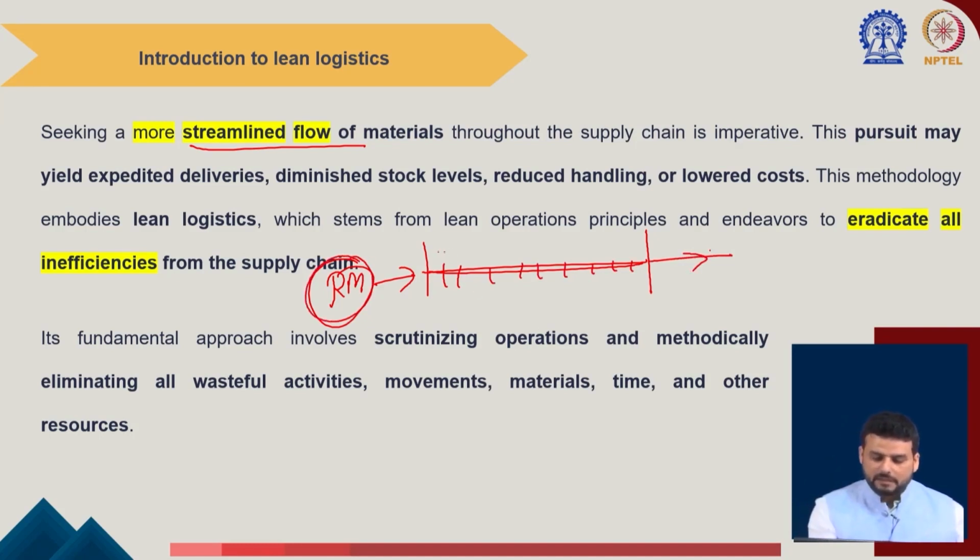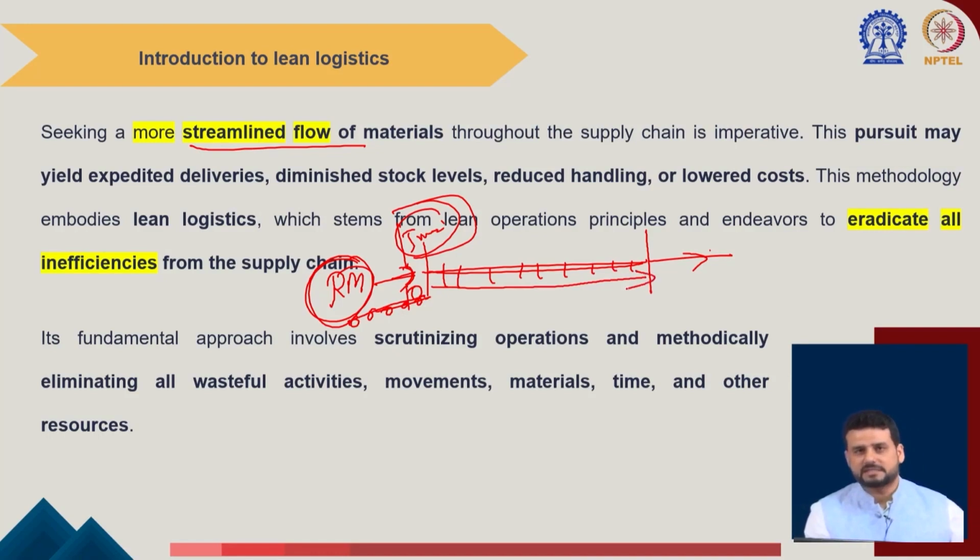So raw material, instead of storing the inventory here in your storage room, why can't this happen that whenever I need 10 pieces, 10 pieces are coming on my production line, so one by one I will keep on processing those pieces and then the output will be there, right.